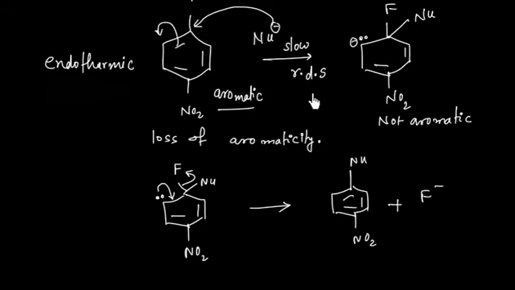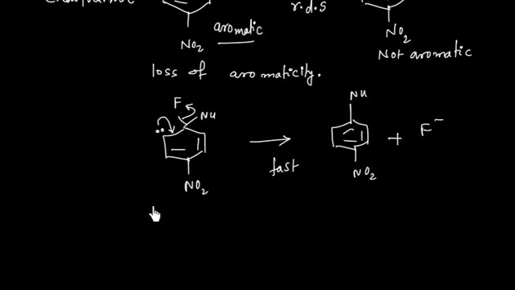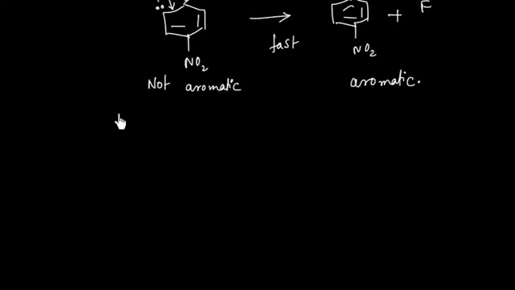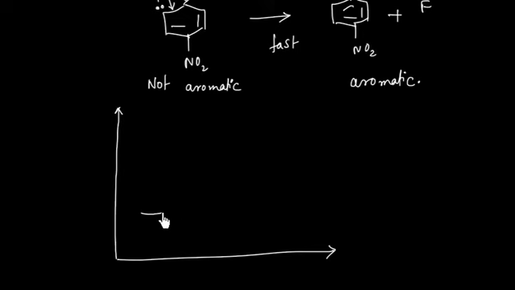So first step is slower step, but the second step is faster step because it gains aromaticity. So this compound is not aromatic, but this compound is aromatic. If I make a potential energy diagram, the first step is slower step and the second step is faster step, and F minus leaves in the second step. So F minus leaves here.